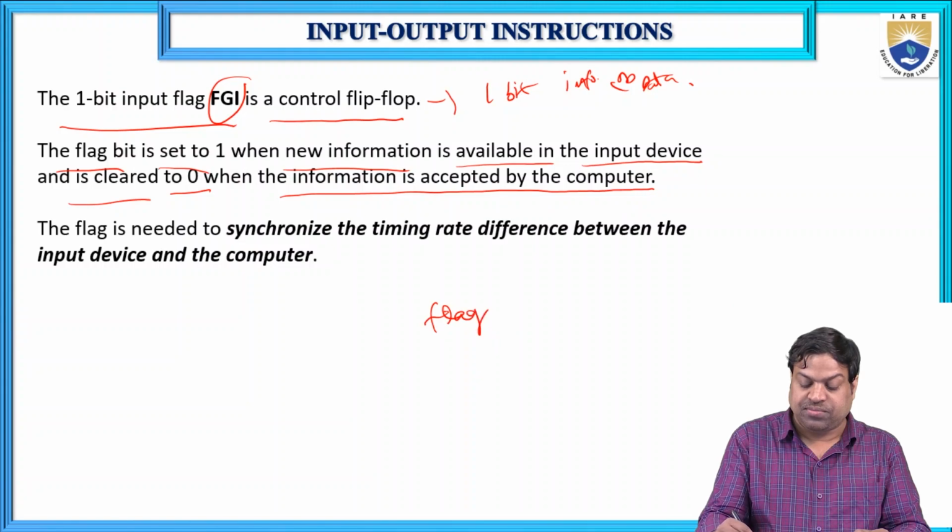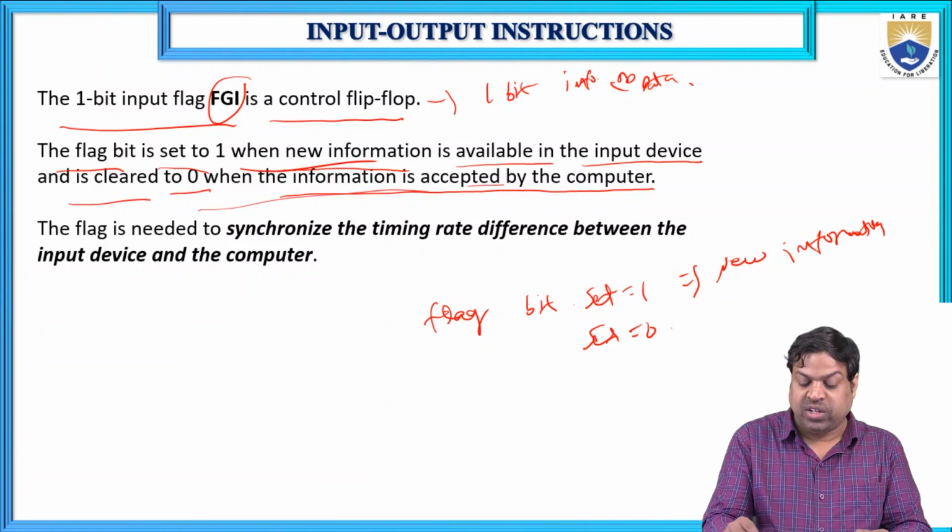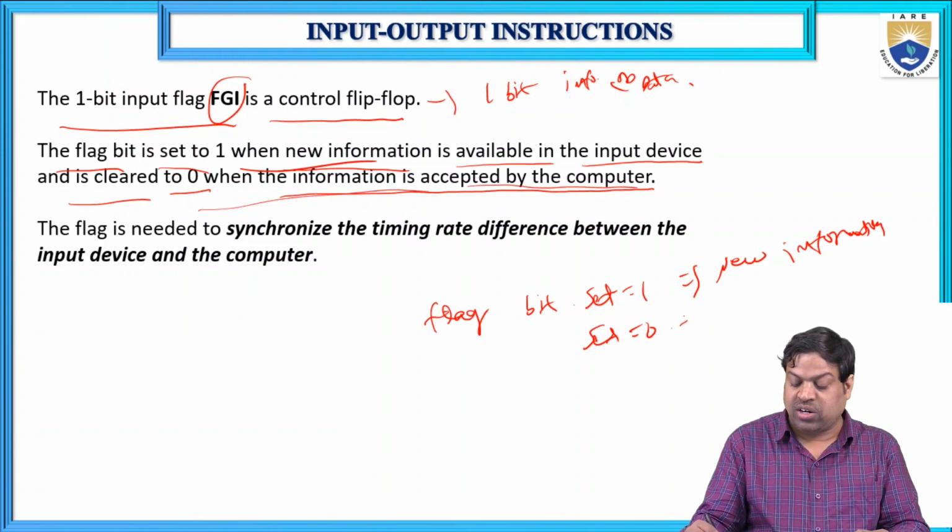Flag bit set to 1 means new information. Set to 0 is when the information is accepted by the computer. Already accepted.